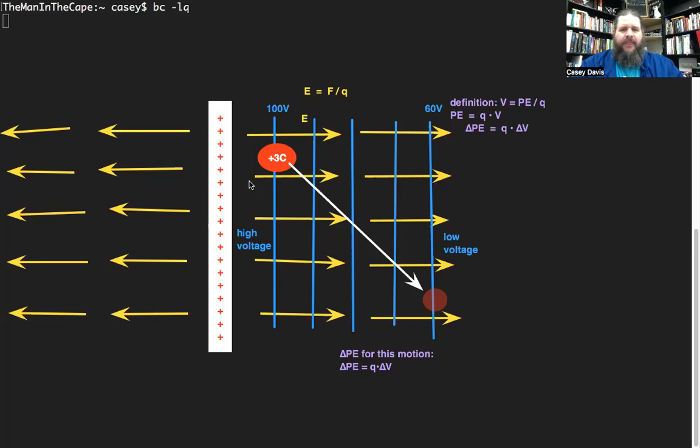By 40. Yeah, so for this path, the delta voltage is negative 40 volts, in the sense that the voltage has decreased by 40 from start to finish, final minus initial. Note that that's not just the initial value or just the final value. The initial value is 100 volts. The final voltage is 60 volts. So delta voltage, final minus initial, is negative 40 volts.